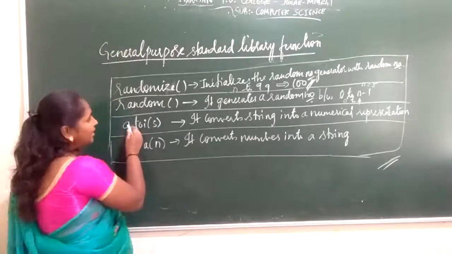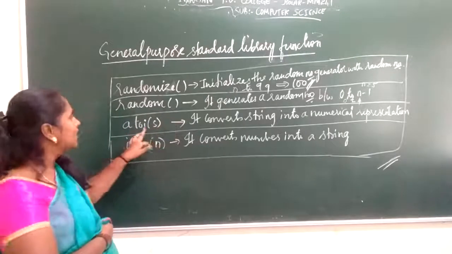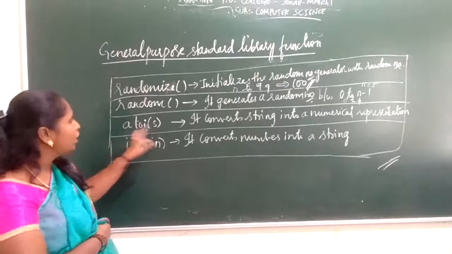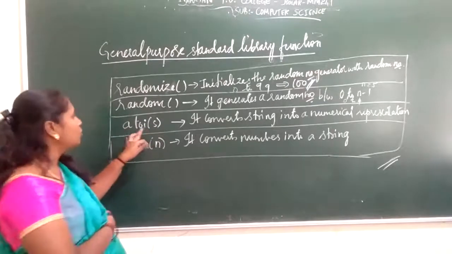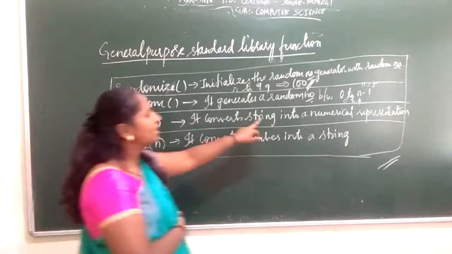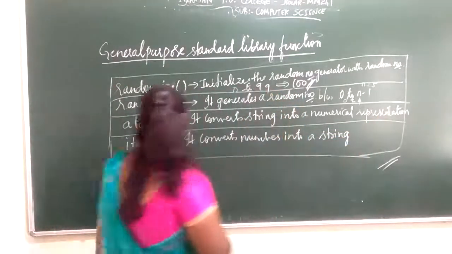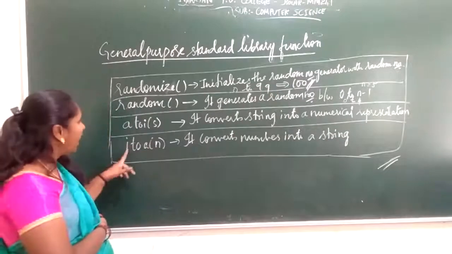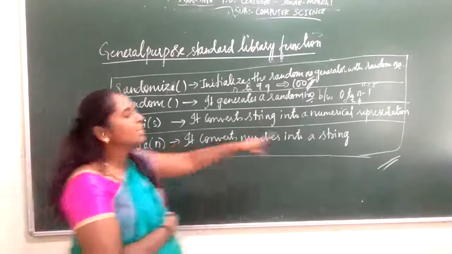Next, atoi converts a given string to an integer, that is a numerical representation. And itoa converts a given number to a string.